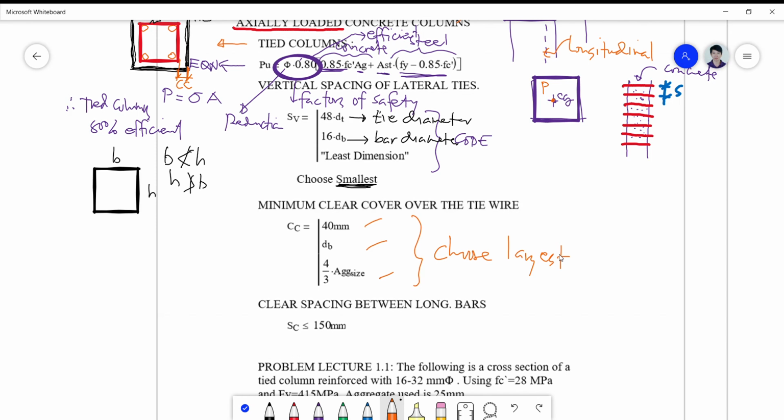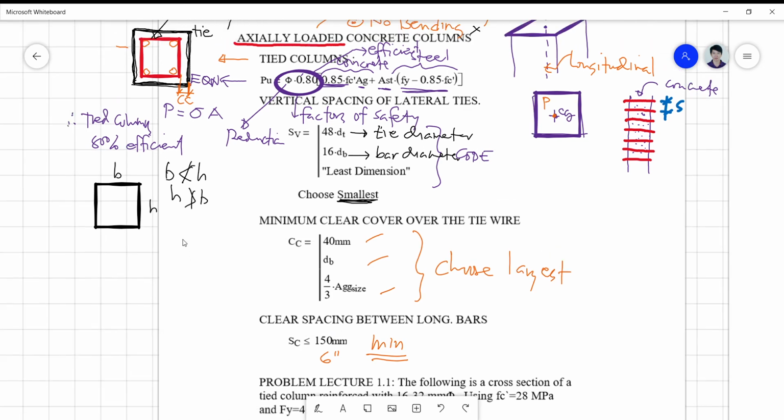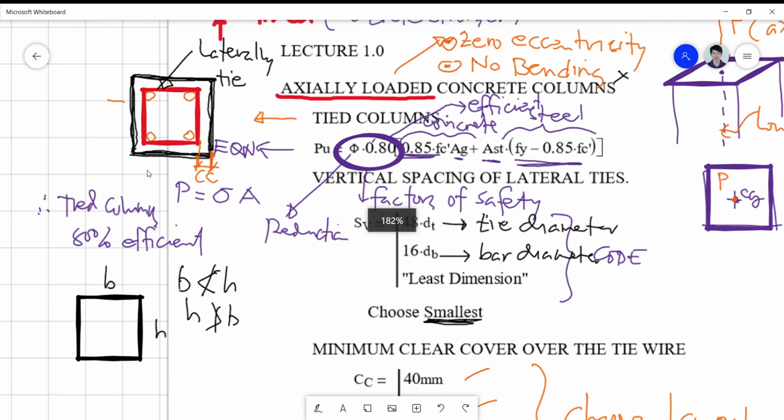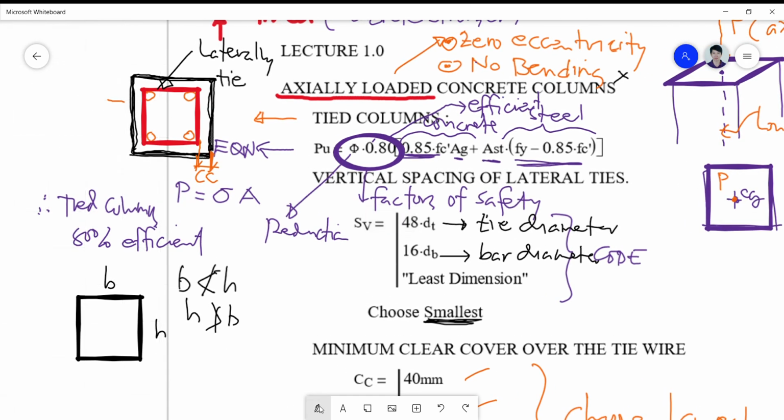Okay, for the clear spacing between longitudinal bars, the minimum, so this is actually the minimum requirement, is defined in terms of the value 150 millimeter or 6 inches. So it simply means that if I take a look at my drawing here, my clear spacing is this one.